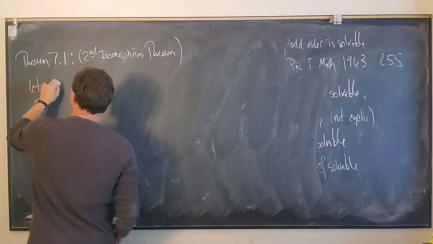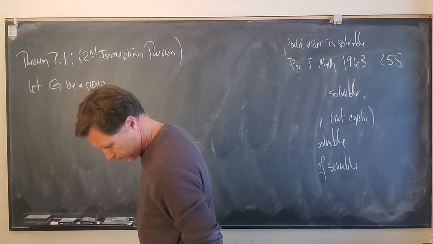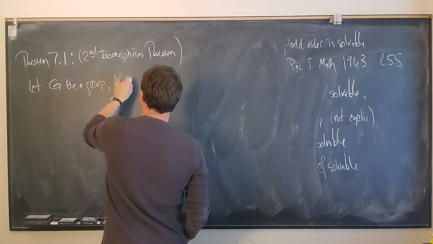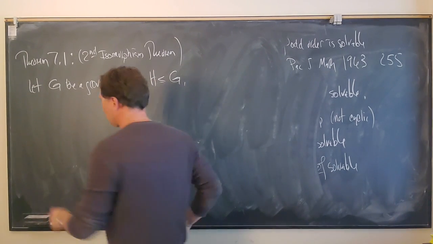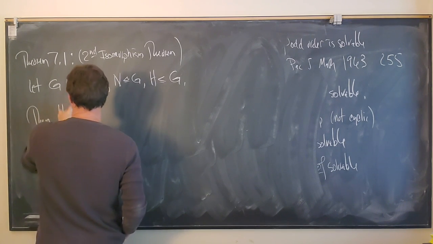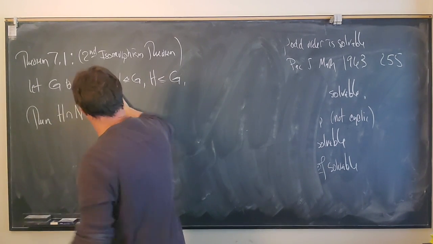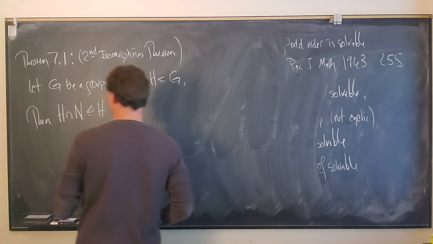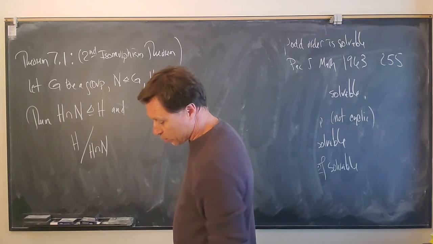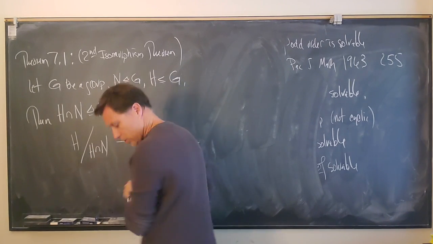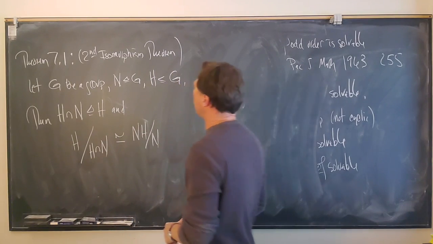So let G be a group, N a normal subgroup of G, and H just any old subgroup of G. Then H intersect N is a normal subgroup of H. And the quotient H mod H intersect N is isomorphic to NH mod N. This is called the second isomorphism theorem.